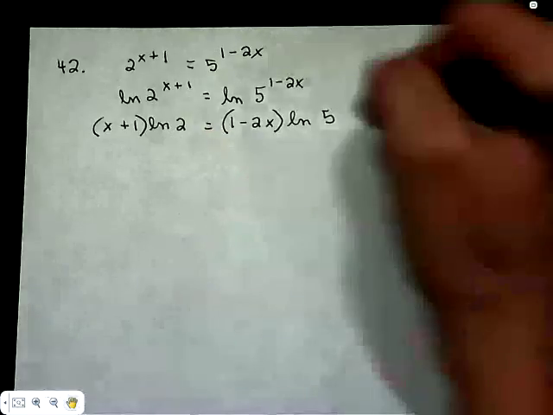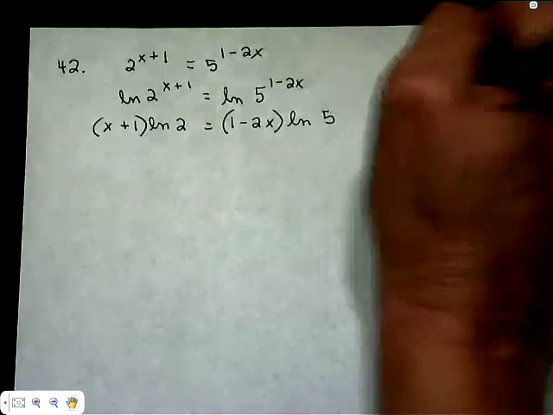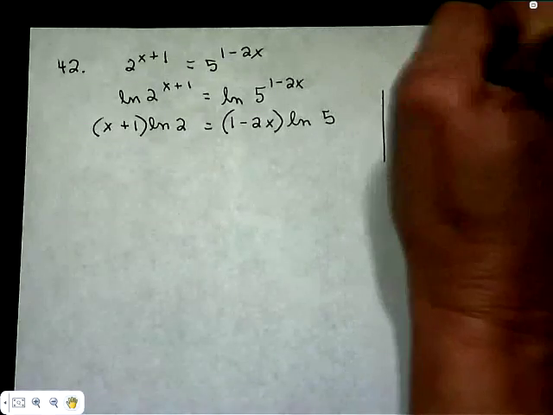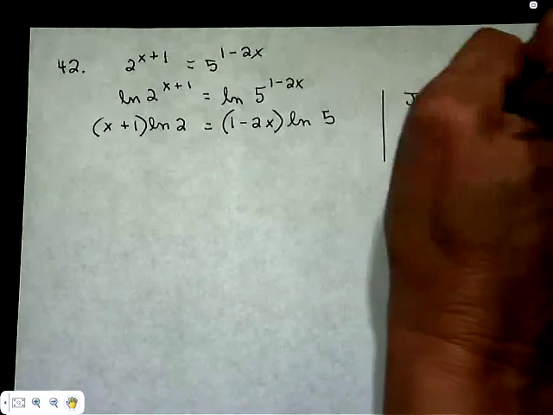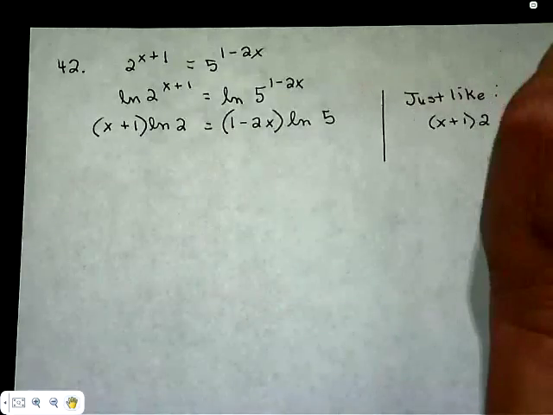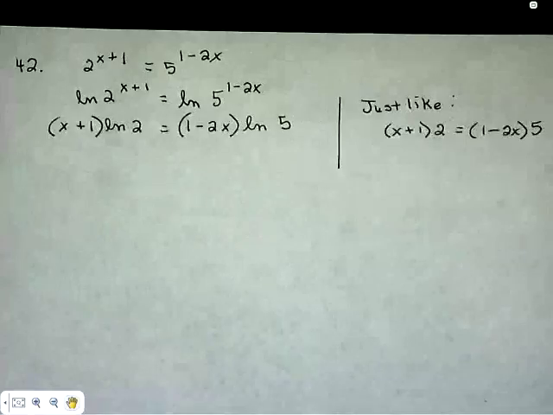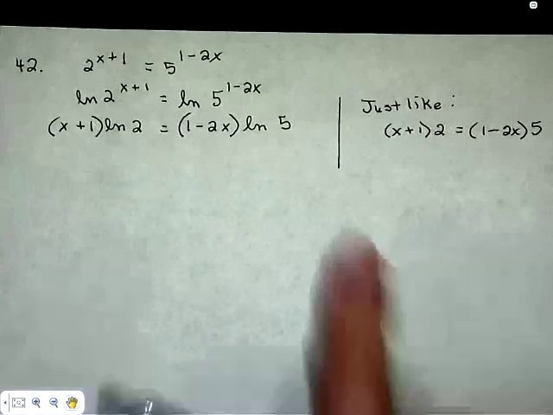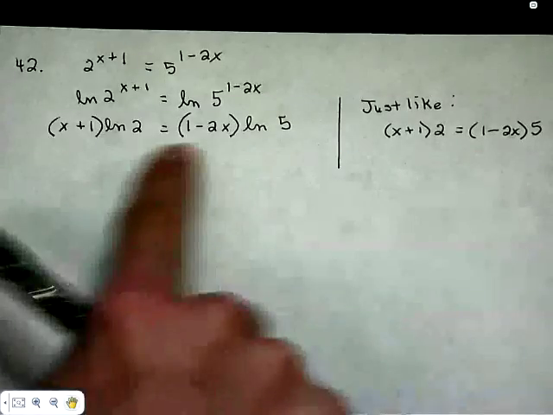I'm thinking, what if this was just x plus 1 times 2 equals 1 minus 2x times 5. I'm not saying those are the same problems. I'm not saying they'll give you the same answers. I'm saying whatever you do to this problem, just make sure you do the same thing to this one.